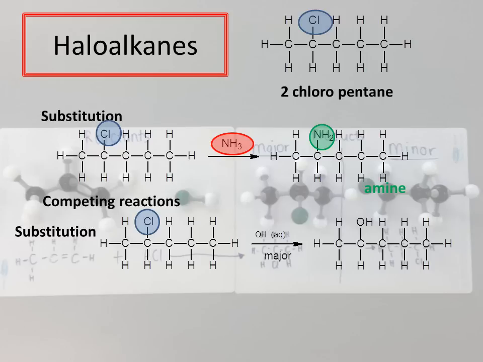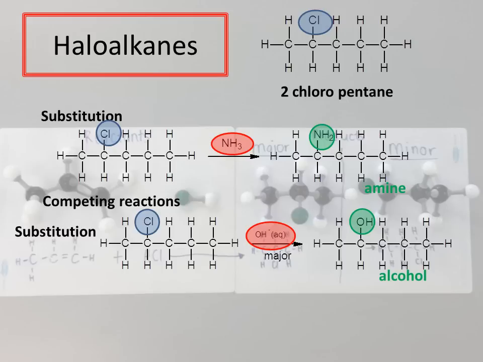And if it's aqueous, the OH is going to replace the chlorine here. So the OH replaces the chlorine, and we get what we call an alcohol, because we've got the OH functional group. However, this is the major product, and this means this is the product that happens most of the time when we produce an alcohol.